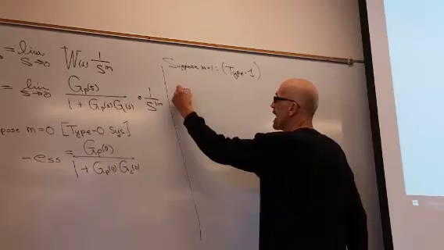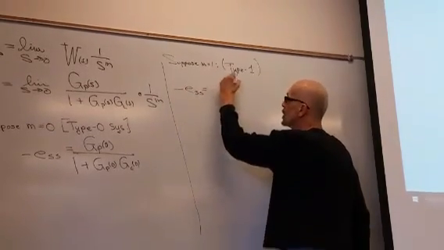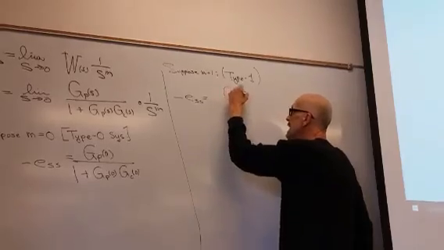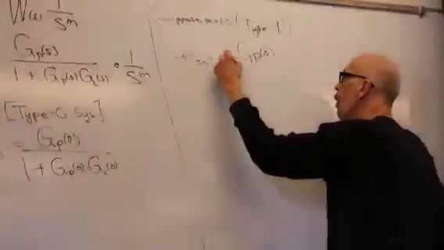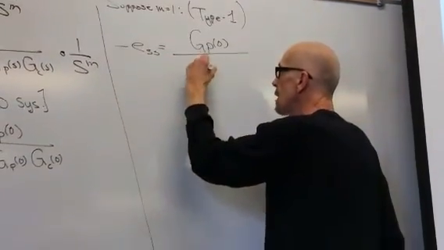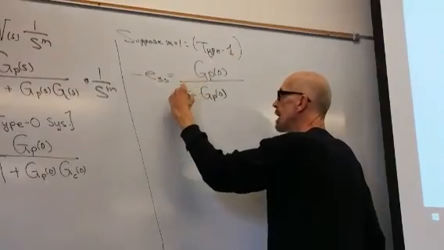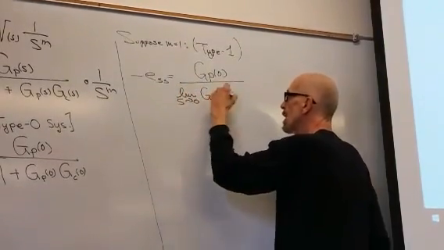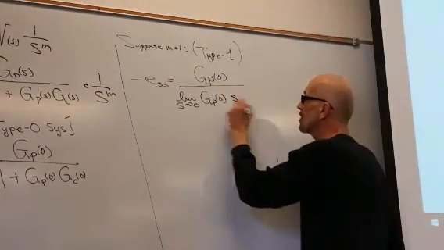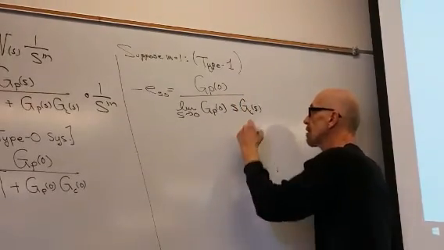So what you end up with now is minus ESS is GP of 0 over GP of 0 times the limit as s goes to 0 of s times GC of s.